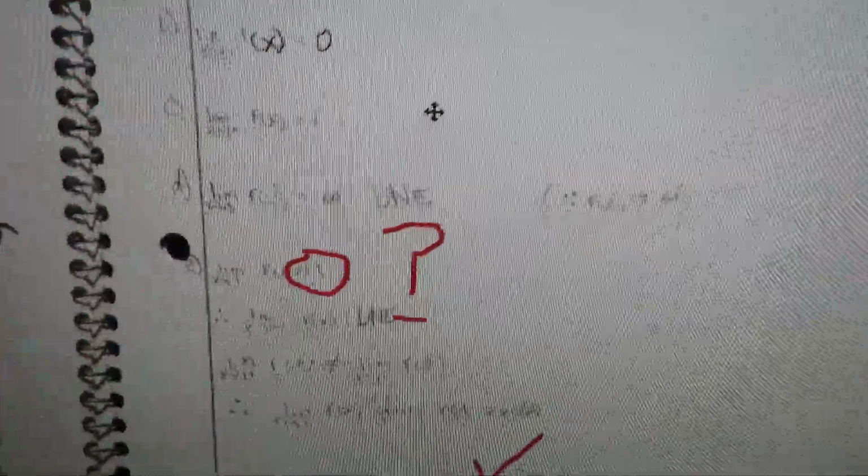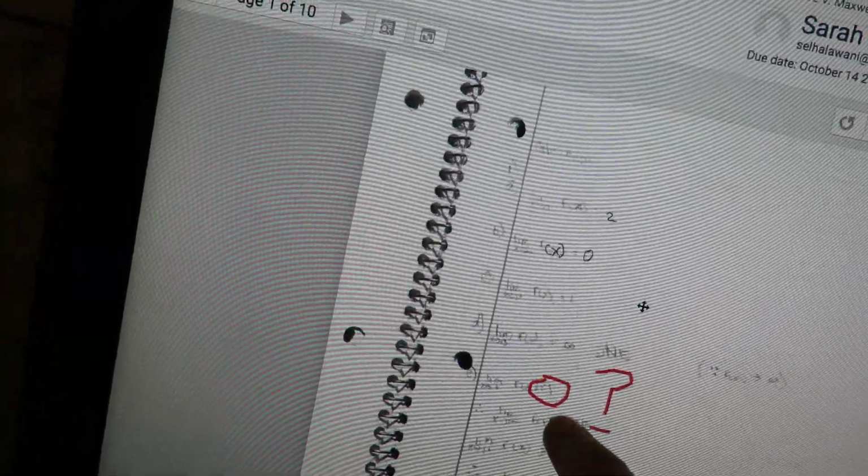I don't have it in front of me. The answer to this one is DNE, and I'm not sure why you wrote 1 here after you got DNE and DNE. I hope my logic was right on that, because it doesn't make sense that if you have DNE and DNE, that would equal 1. So the answer to this one's DNE, just to be clear.